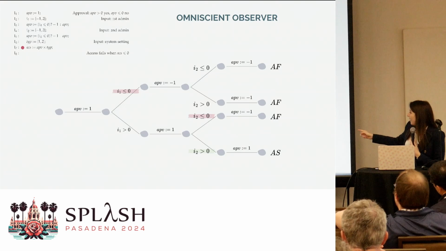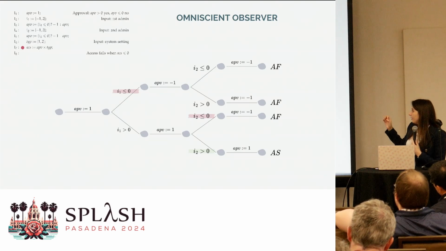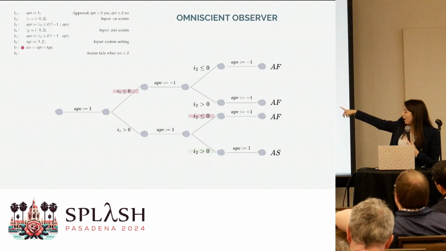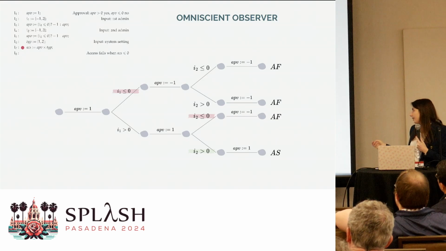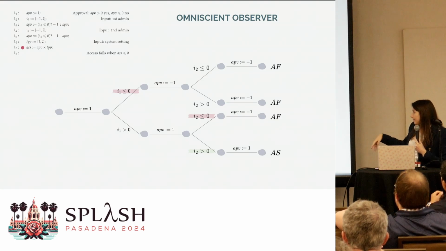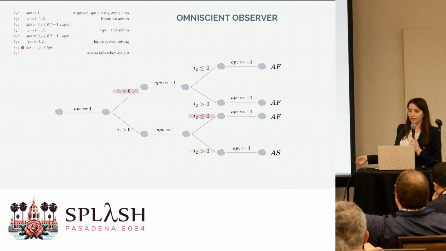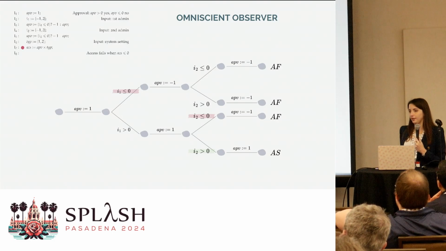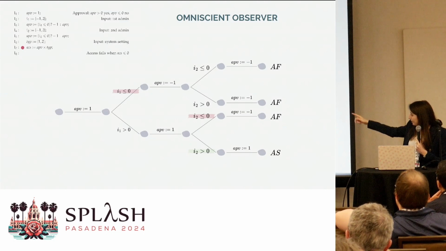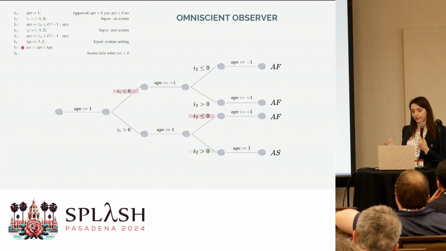We can see that for access failure, the entities responsible are I1 that takes a value less than or equal to 0, and I2 that takes a value less than or equal to 0. And for access success, both administrators have a value that is strictly positive, and the last action is responsible for the access success.